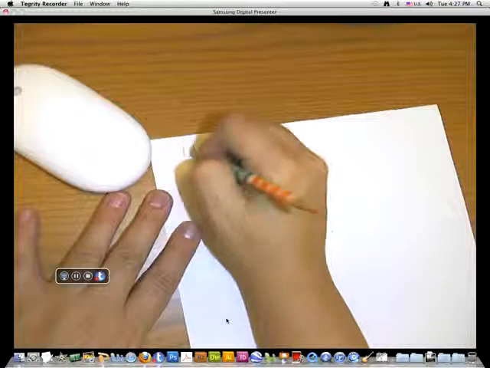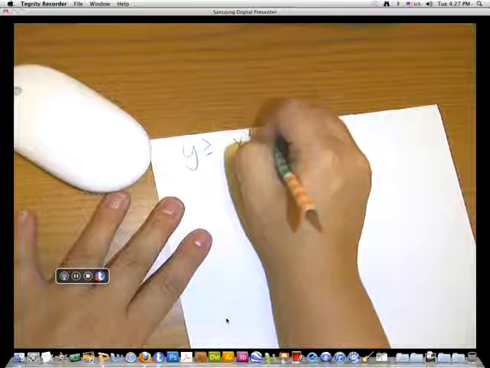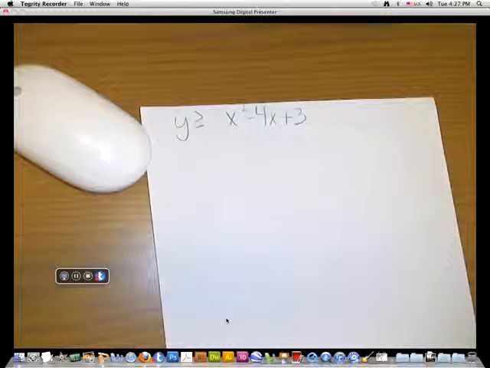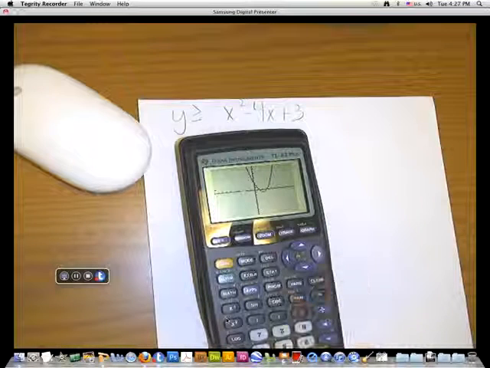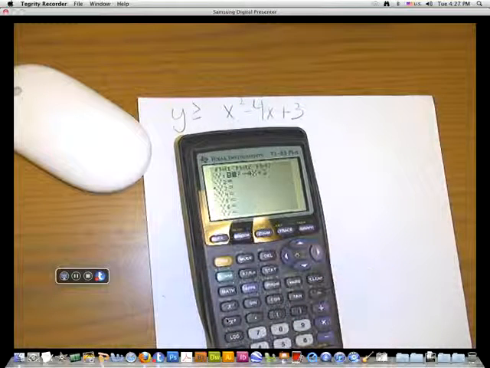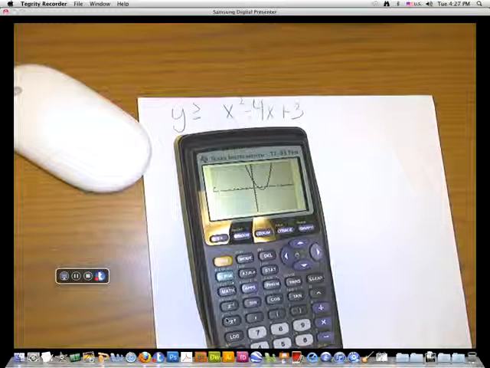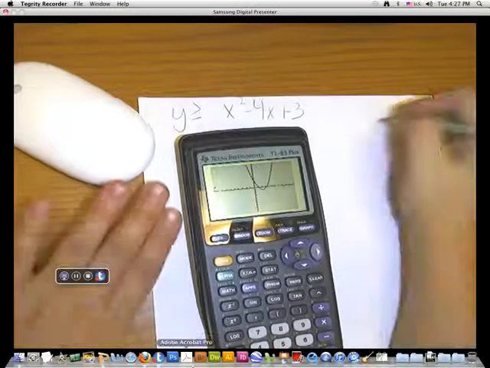We're going to start with y greater than or equal to x squared minus 4x plus 3. I would, again, put it all in my calculator. Here's my calculator. Here's my equation, my graph. I would find all of those critical points.